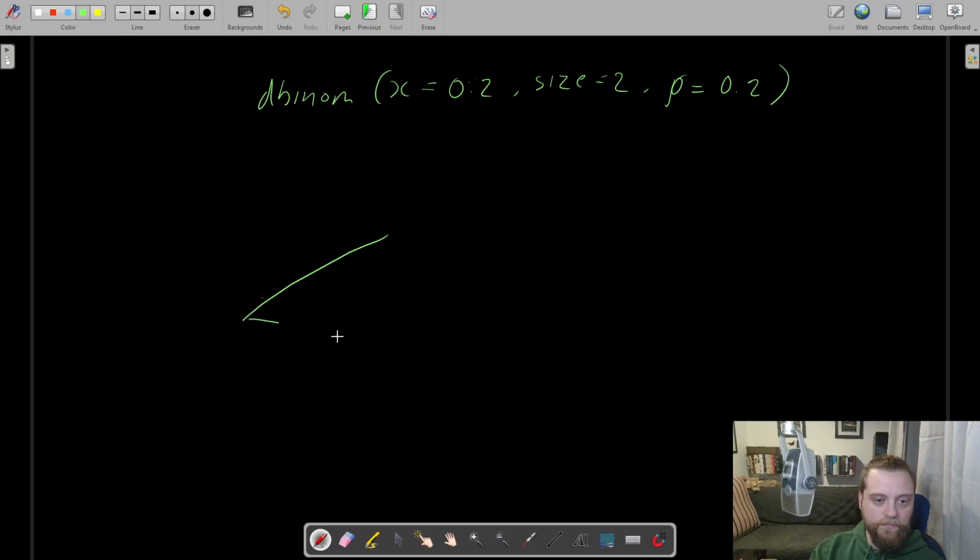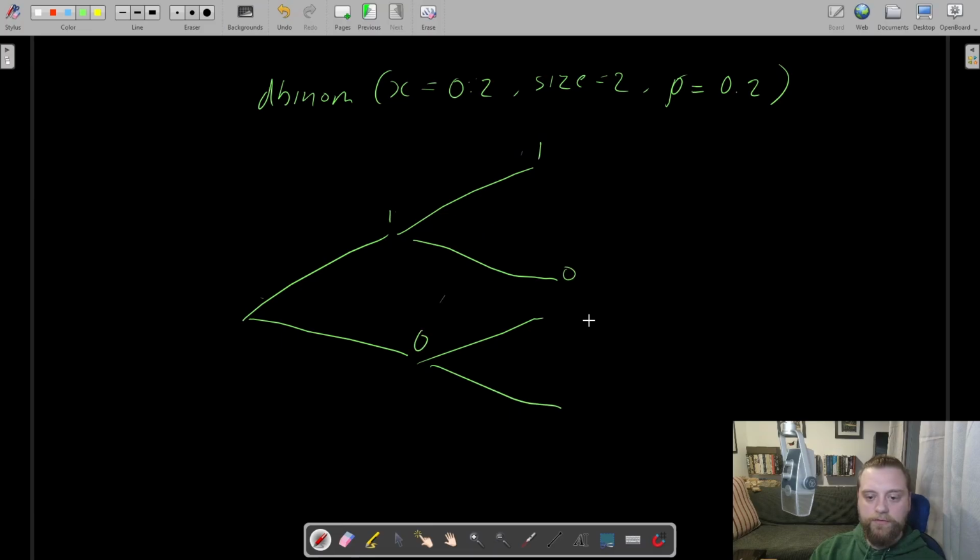So let's model this out. So here we've got this same tree. Our outcomes are still 1s and 0s. So in Bernoulli trials, these are always our outcomes. The only thing that's changed is, for success, we've now got a 0.2 probability of success, and our failures are 0.8. So now the calculations just look a bit different.